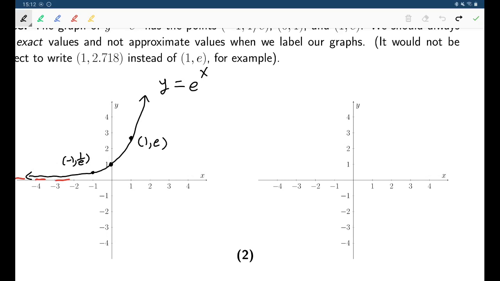That first point, 1, e: take our x coordinate and multiply it by 3. That gives you 3. So 3, e as our first point. 0, 1: the x coordinate is 0, so multiplying the x coordinate by 3, it still stays as 0. -1, comma 1 over e: we are multiplying that x coordinate by 3, so we'll get -3, comma 1 over e.